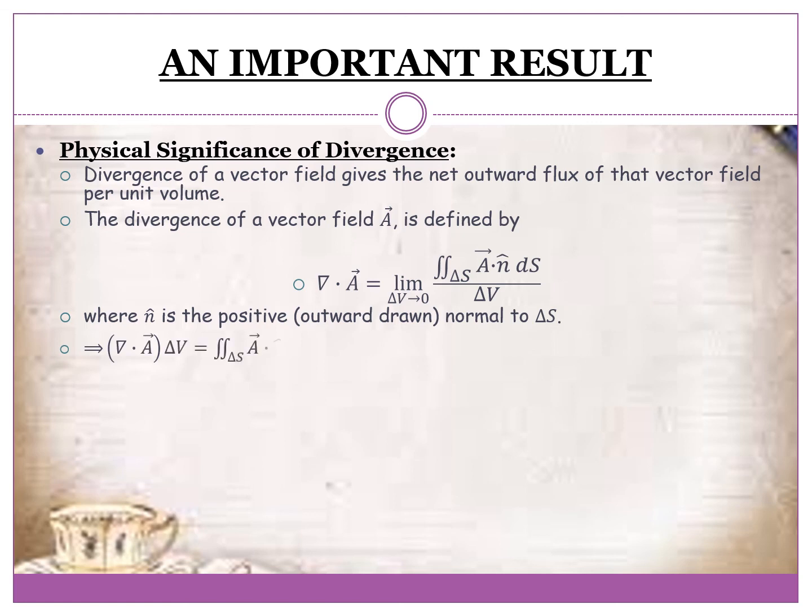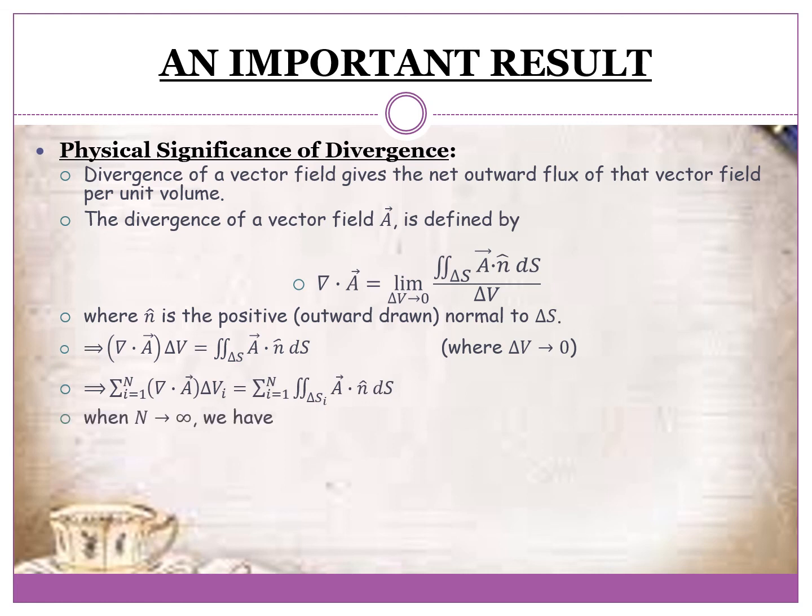Now let's shift this delta V onto the left hand side. We get del dot A times delta V is equal to the net outward flux of this vector field A, where delta V approaches 0. This implies we take the summation on both sides, varying from 1 to n.